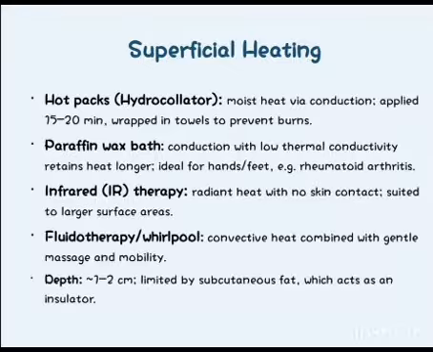Paraffin wax bath: conduction with low thermal conductivity, retains heat for a longer duration, ideal for hands and feet, for example in rheumatoid arthritis. Infrared therapy: radiant heat with no skin contact, suited to a larger surface area. Fluidotherapy: convective heat combined with gentle massage and mobility.